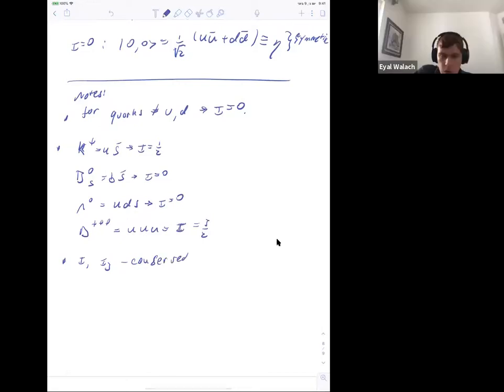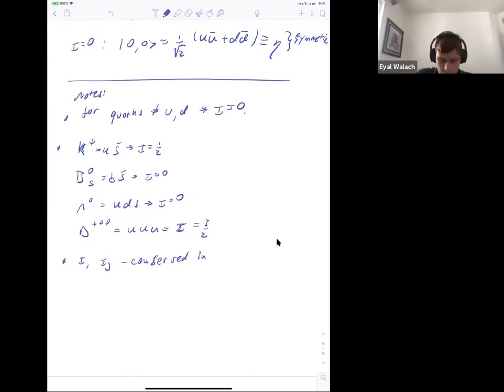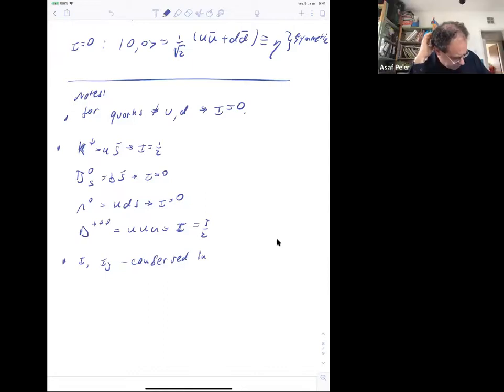Conserved. So could you explain why is it the case for the lambda naught? That's a good question. Well, the simple answer is because you're adding angular momenta, and it's a vectorial addition.